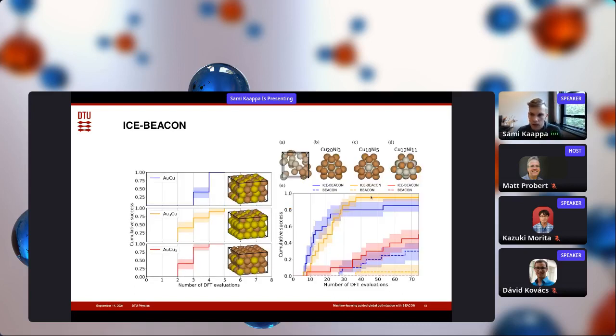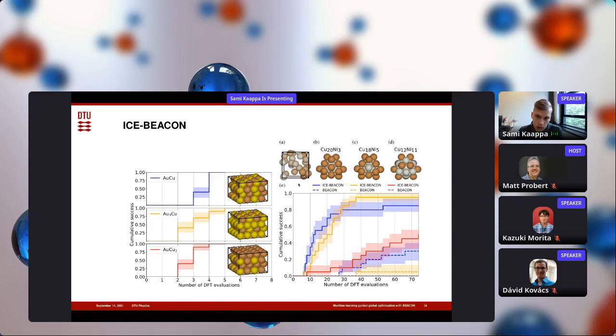And then we could attach all of these local relaxations into BEACON. And what we find is that, for example, the 64 atom unit cell with this structure can be optimized. The ordering can be optimized within 4 DFT calculations, or we get a pretty good estimate after 4 DFT evaluations.